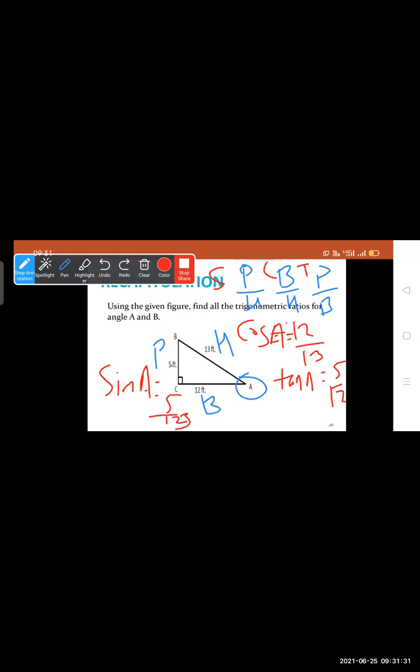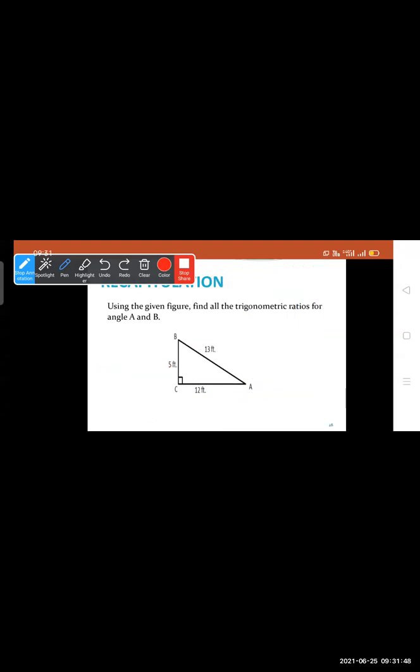That is cosec A is equal to 13 by 5, sec A is 13 by 12, and cot A is equal to 12 by 5. So in this way you find all the 6 ratios for acute angle A.